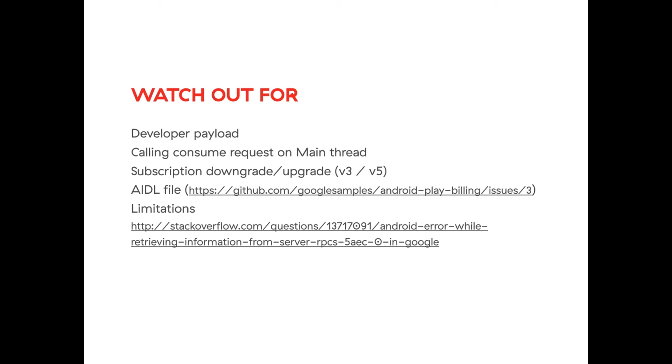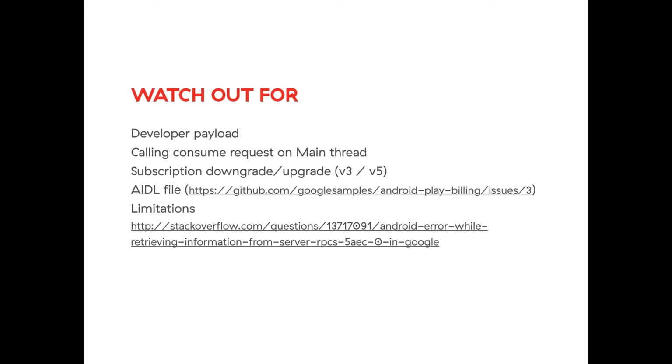Also, I mentioned the issue with the AIDL file for subscription downgrade and upgrade, where you are missing a method in the SDK version of that file. And it's very hard to find the difference between these two versions of the billing service API.